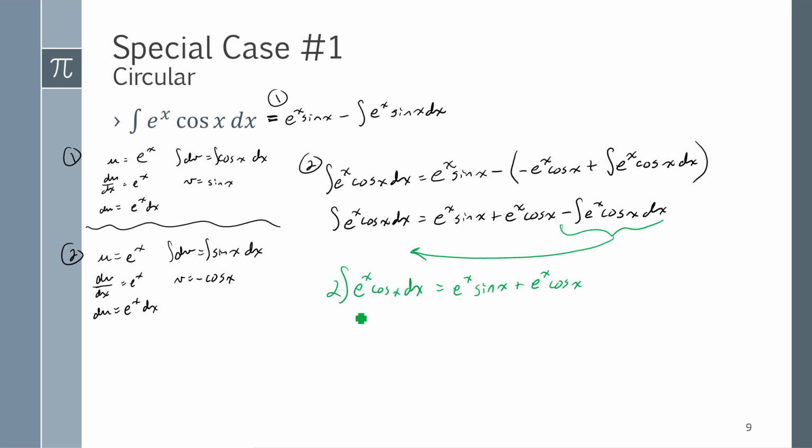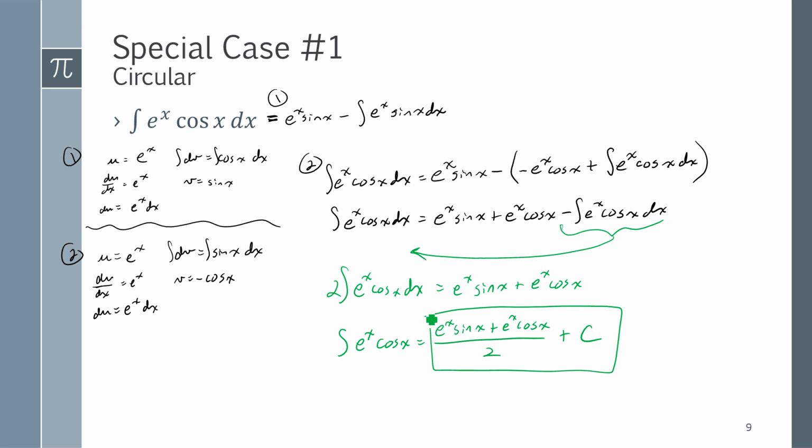And I can divide both sides by 2, and I get integral of e to the x cosine of x is equal to e to the x sine of x plus e to the x cosine of x all over 2. But then, because this is an indefinite integral, stick a plus c on the end, and there we go.